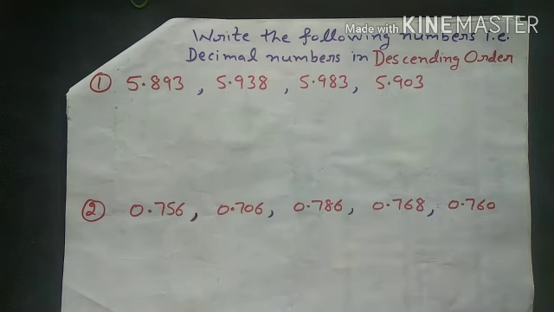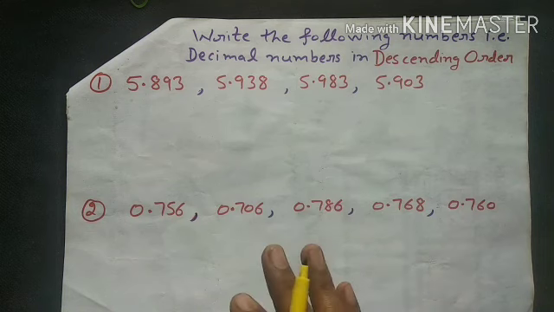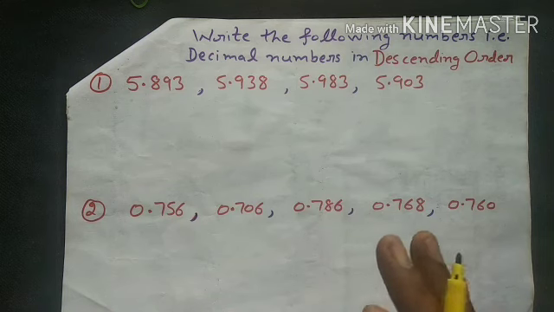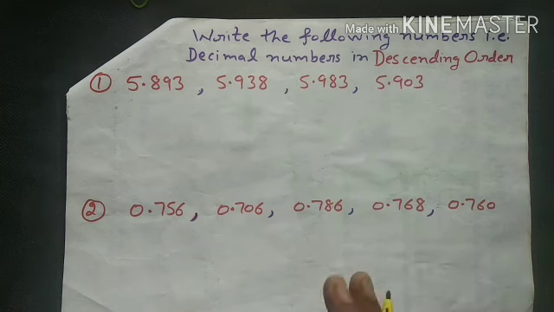When we write the greatest number at the first place and the smallest number at the last place, that system is called the descending order. After writing the largest number, we will write the number smaller than the previous one. After that, we will write the one smaller than the second one, and in the last, we will write the smallest one.